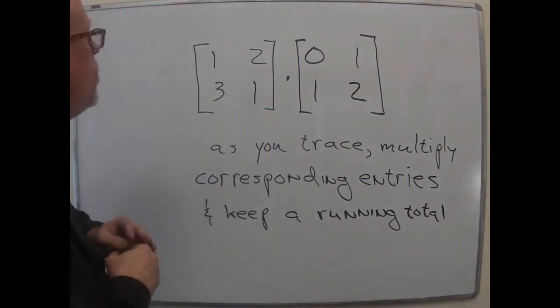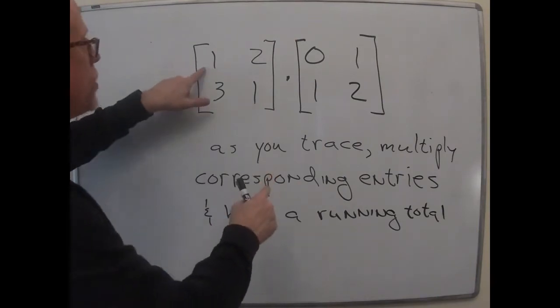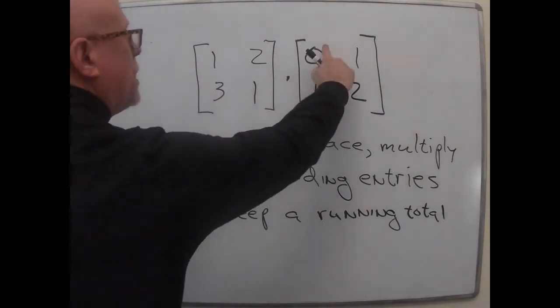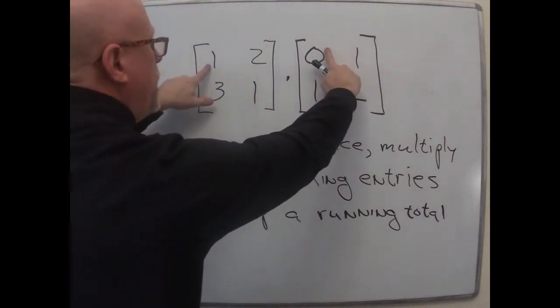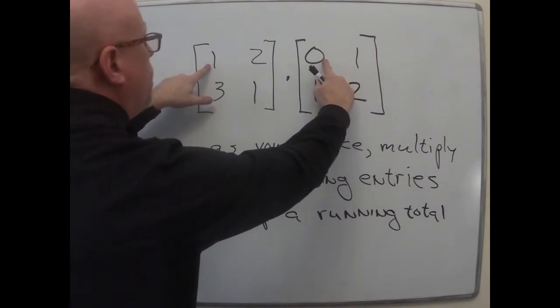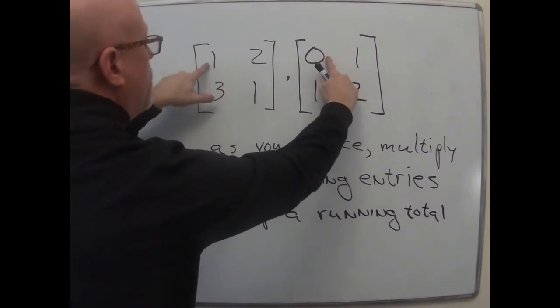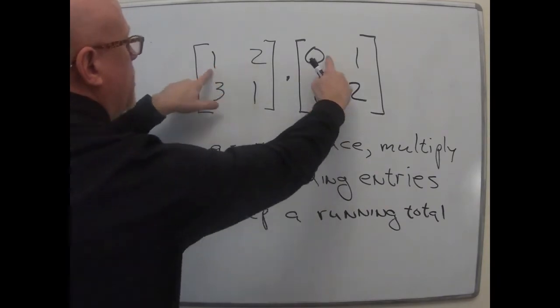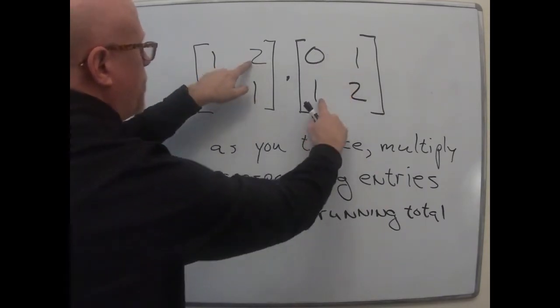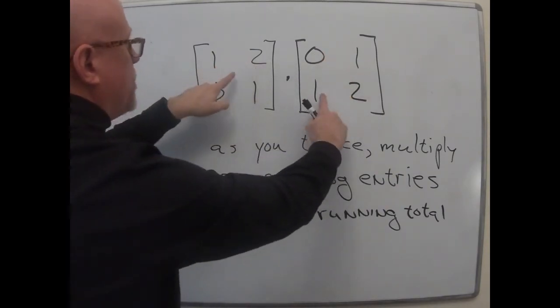So this is quite physical. I'm going to trace a row of this matrix and a column of this matrix, and we'll multiply and we'll add as we go. So first I get a 1 times a 0, and then I get a 2 times a 1.